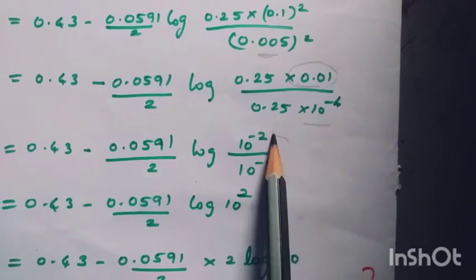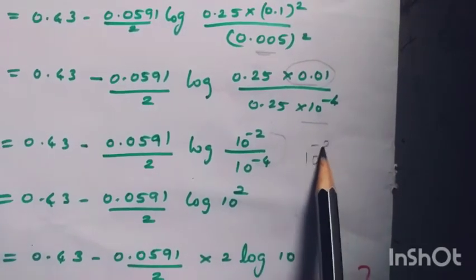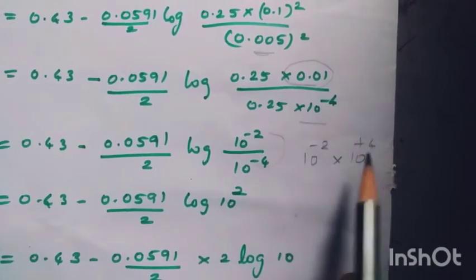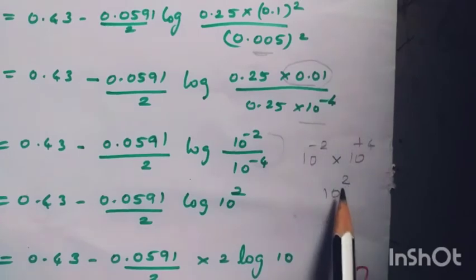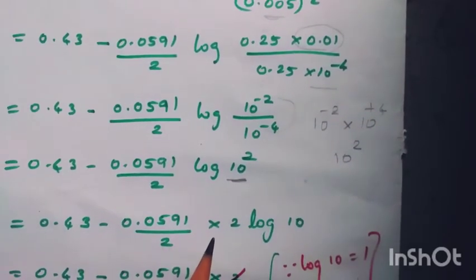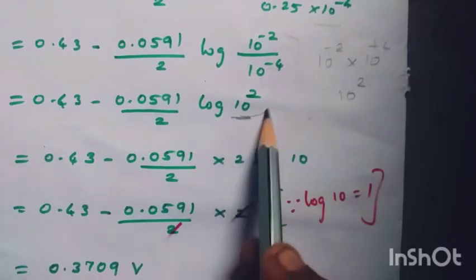This becomes plus 4, minus 2 and plus 4, that is 10 power minus 2 into 10 power plus 4. Remaining is 10 power 2. So this is equal to 0.43 minus 0.0591 by 2 into log of 10 power 2.